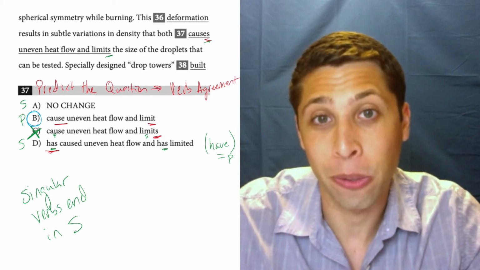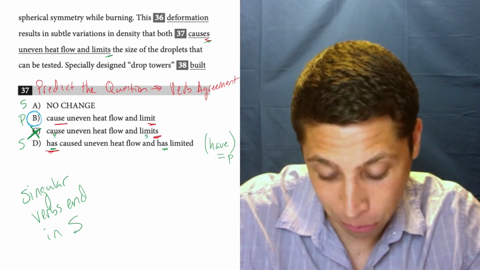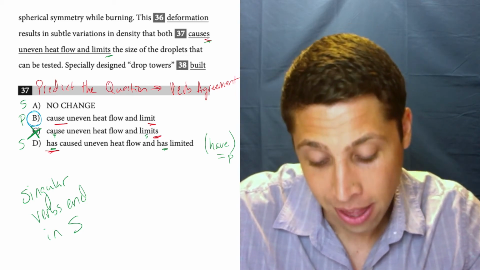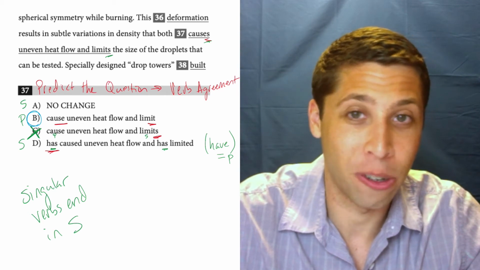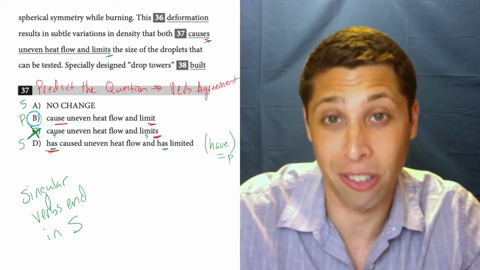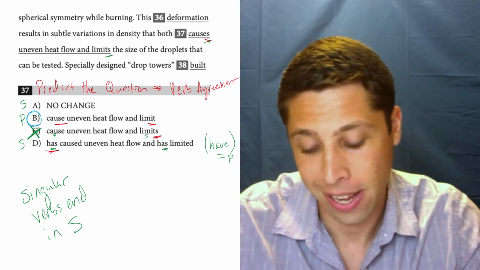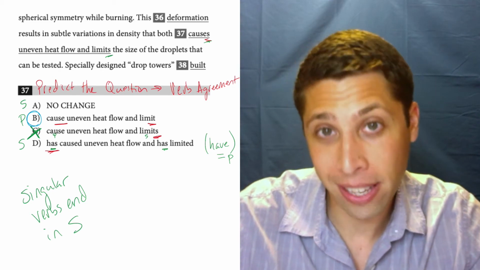If the answer was really singular, it would be hard to know whether I need the singular with the word causes or the singular with has caused. That would be harder to choose because most of the way that we choose tense on the SAT is just by singulars and plurals first, and then the right tense kind of pops out. So if I were purely guessing, the best guess here would be B.